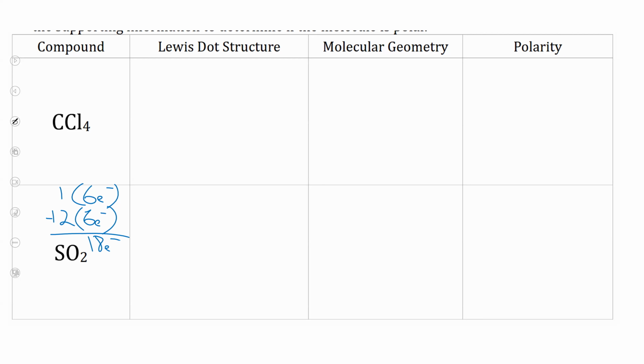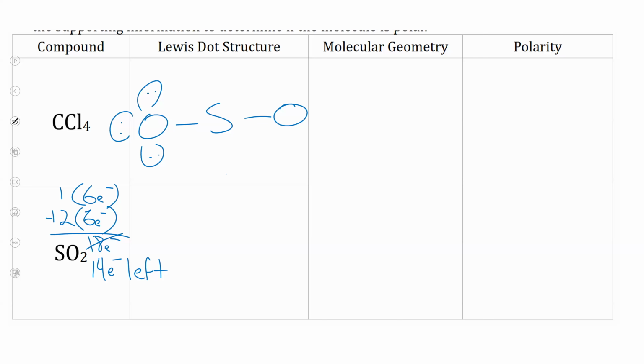Oxygen's going to try and share as little as possible, which means sulfur goes in the middle. And we know the oxygens have to be attached to the sulfur, so we can use 4 of our electrons right there. How many does each oxygen still need? 6. So that's going to use up 12 of our remaining electrons.